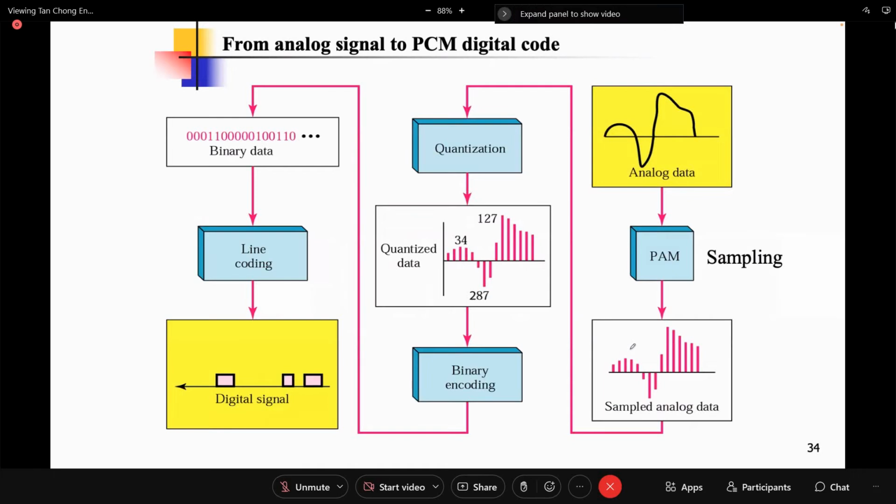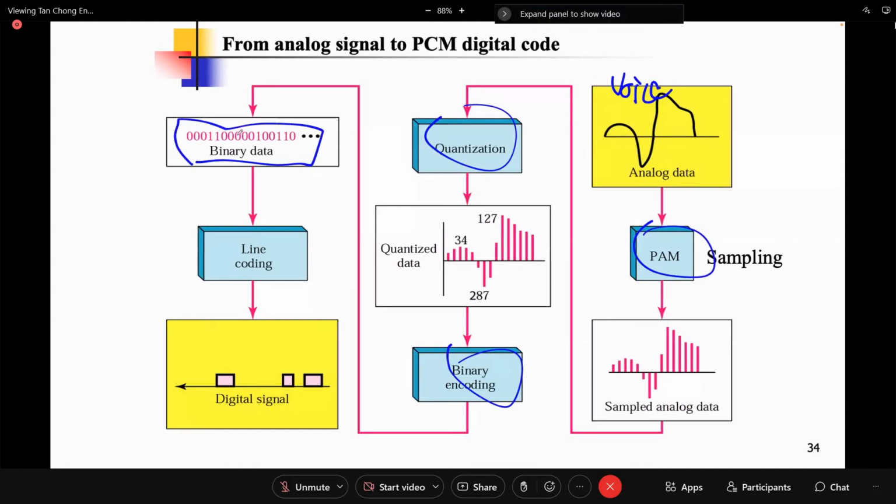And if you look at the entire process overall, my voice here has to go through pulse modulation, and then go to quantization, and then go to binary encoding before we can produce the binary data. And then this is the data that we want to send.